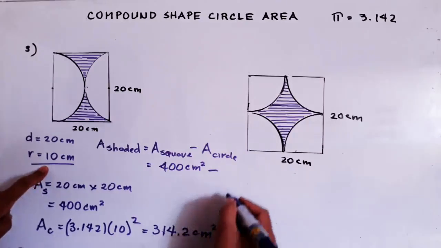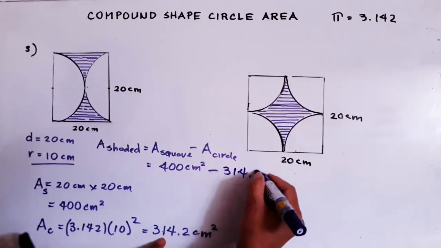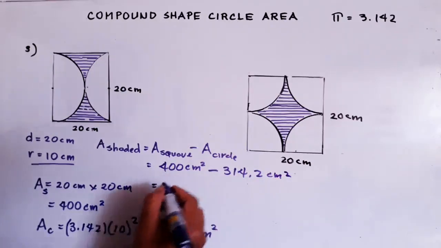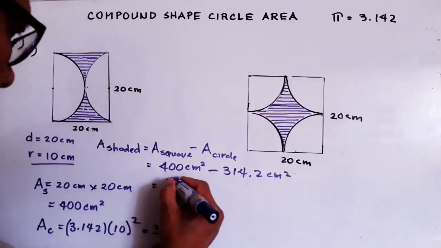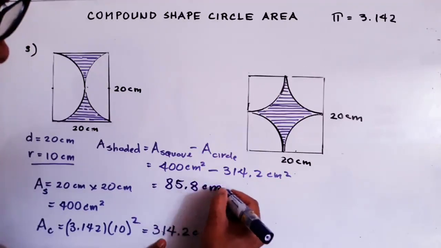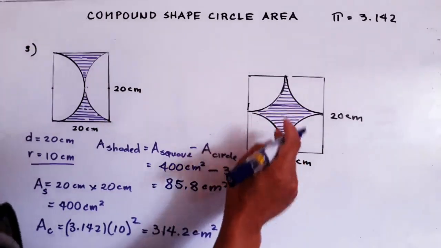And then we'll just put here 314.2 cm squared, and the area now is equal to 85.8 cm squared.